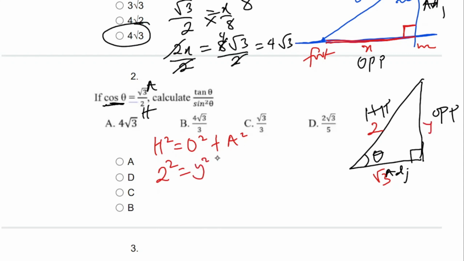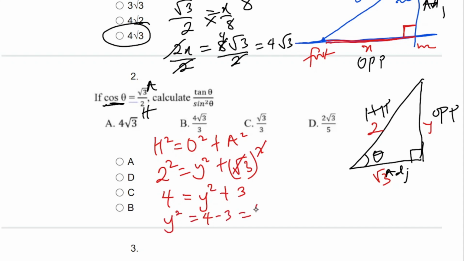So that is y squared plus adjacent, which is root 3, all squared. So we have 4 equals y squared plus 3. We can then collect like terms: y squared equals 4 minus 3, which is equal to 1. So y equals the square root of 1, which is 1.